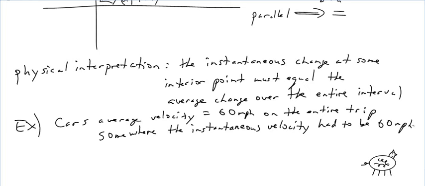Okay? Because if you went from 0 to 100 and stayed at 100 miles an hour for a long time and your average velocity was like 95 miles per hour, you had to cross that threshold to get to 100 miles an hour someplace. You had to be at 95 at some point to make the average 95. Okay? So that's just a physical interpretation.